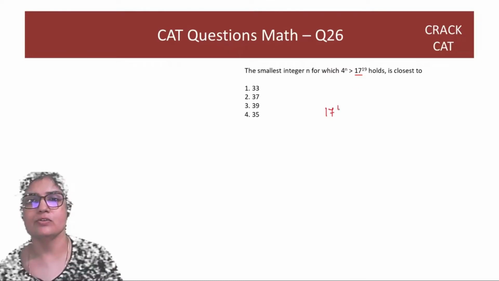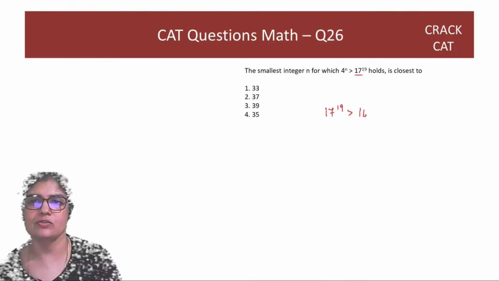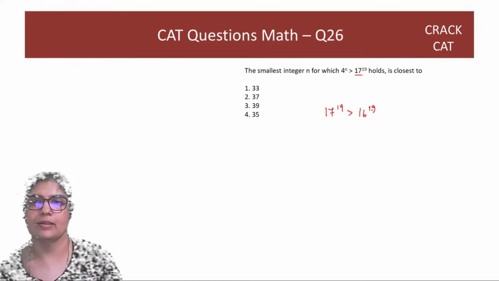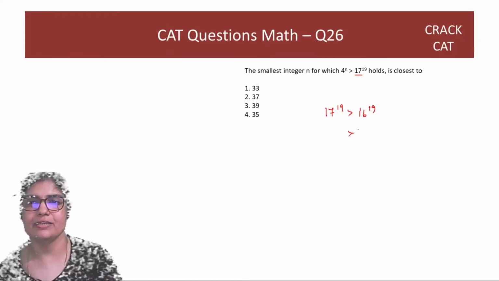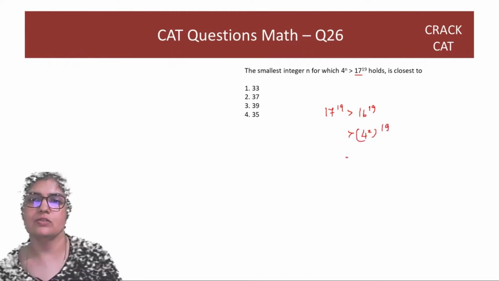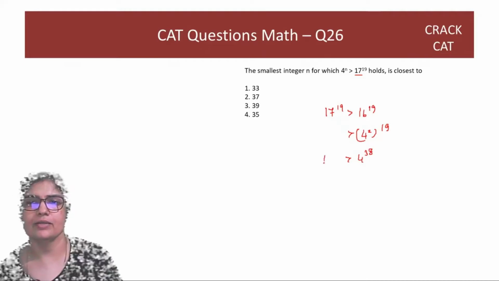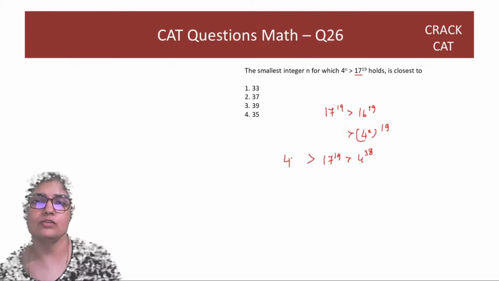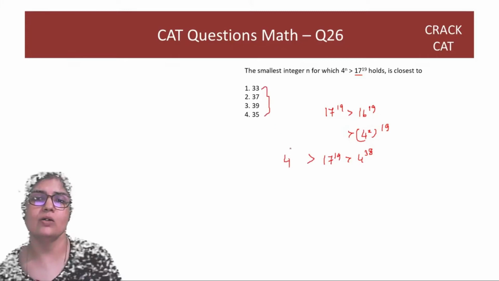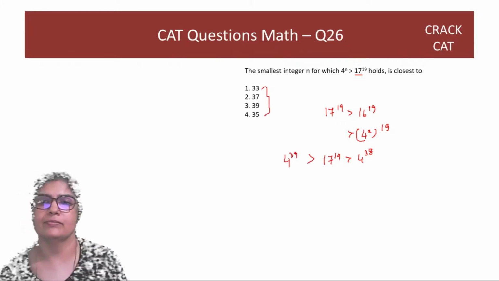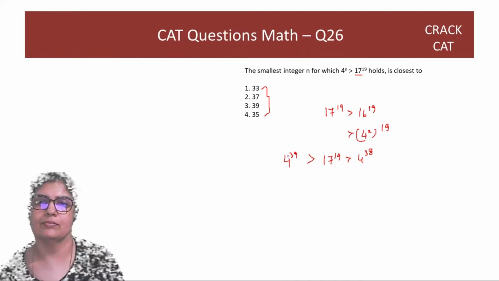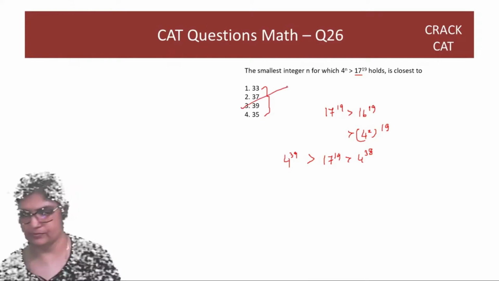So 17 raised to 19 is greater than 16 raised to 19, which means it is greater than 4 square raised to 19. So it's greater than 4 raised to 38. Okay, so 17 raised to 19 is greater than 4 raised to 38. So 4 raised to, then out of these options, only 39 will fit in. So answer is the third option.